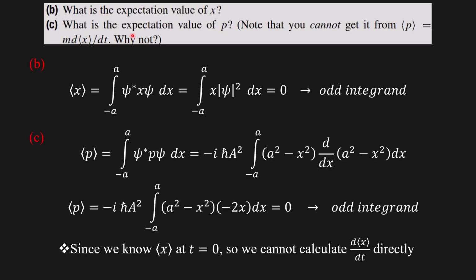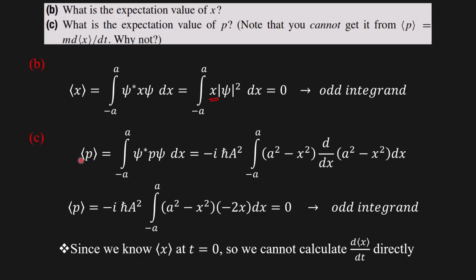We have to answer that also. So the expectation value of x is equal to ψ* x ψ, that is between limits minus a to plus a of x times modulus ψ squared dx. See, this is an odd integrand. x is an odd function, so naturally this will be 0. So the expectation value of x is 0.